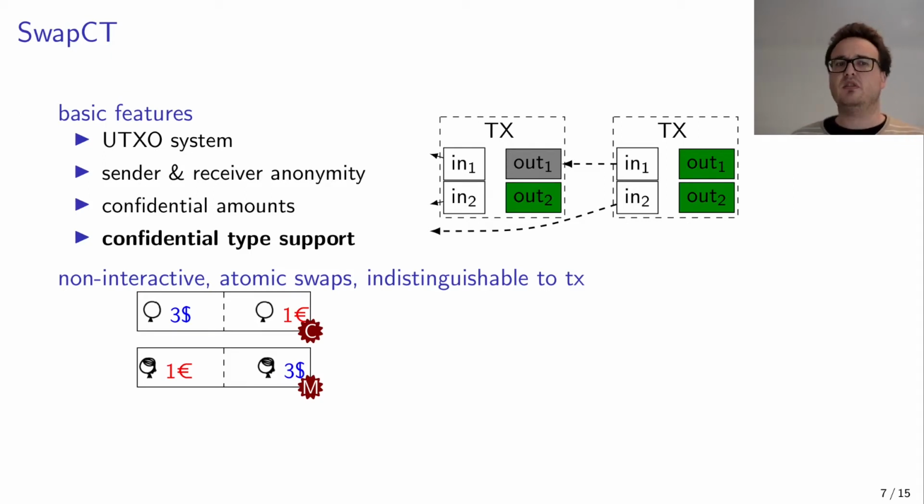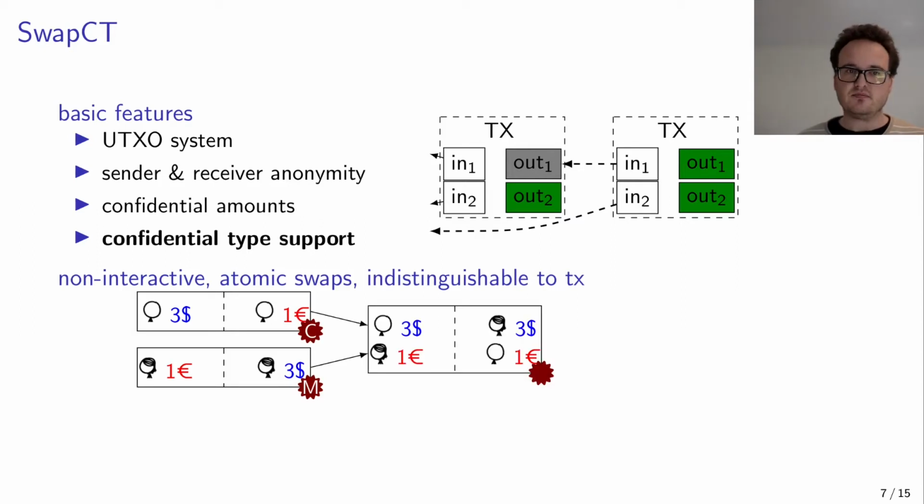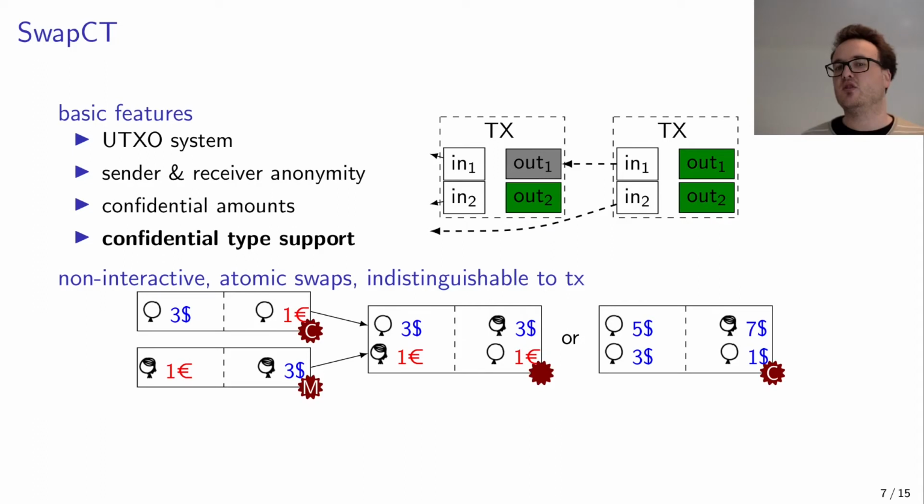It says that I authorize spending my €1 input if I get $3 back. And then somebody can join both together and get a more or less balanced transaction, which should then be indistinguishable from a transaction which is created and signed by QWall himself.